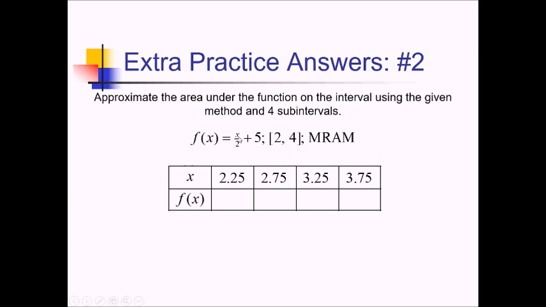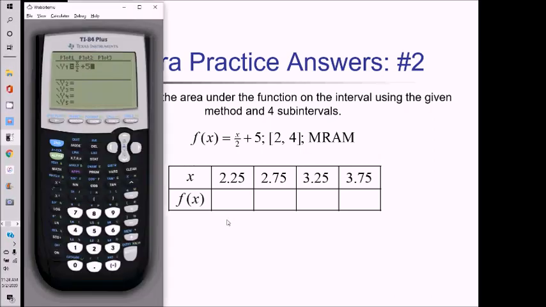I'm going to go ahead and make a table on my calculator now just to find all these f of x values. So here I am in my calculator. I'm in the y equals, and I've entered my function here as y1. Now I'm going to go to table set, so second window. I want this to start at 2.25, and then I want the delta table to be 0.5 so that these go up by 0.5.